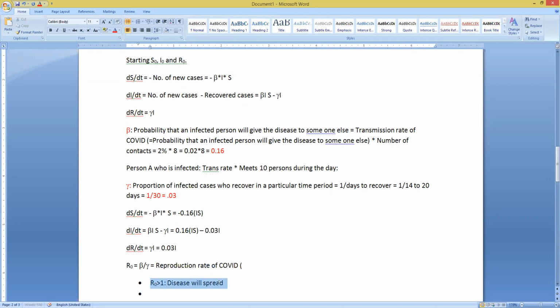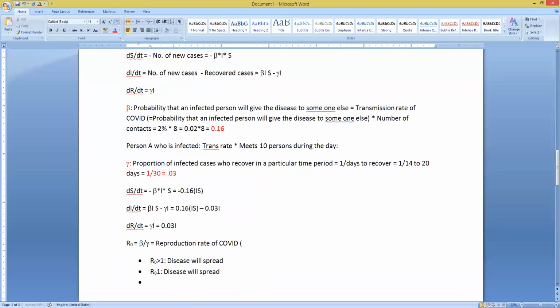If rho naught is less than 1, then that means the disease will occur in a very small group and it will die out. So it will not spread.